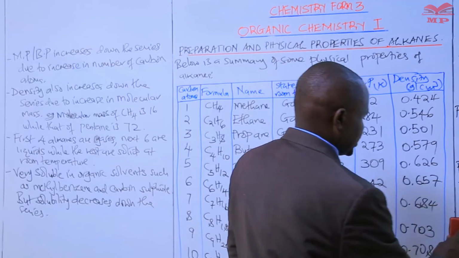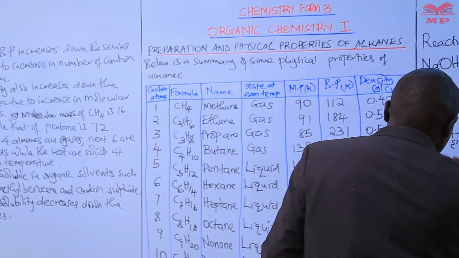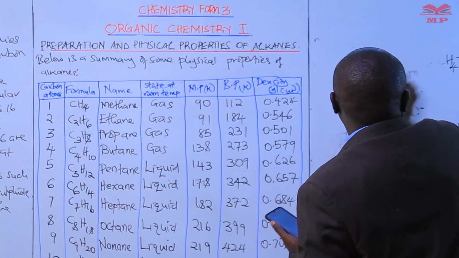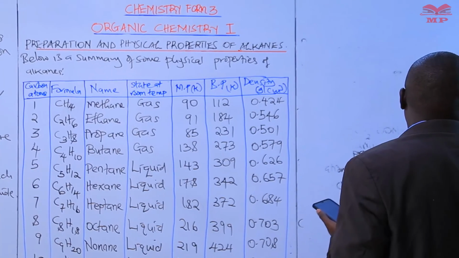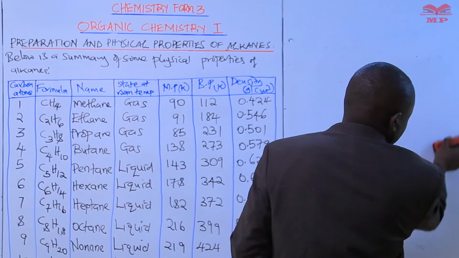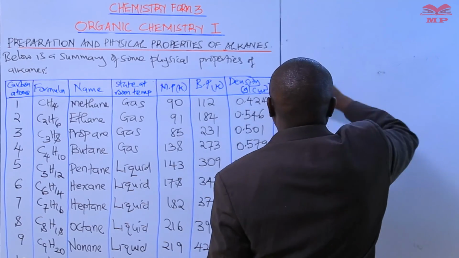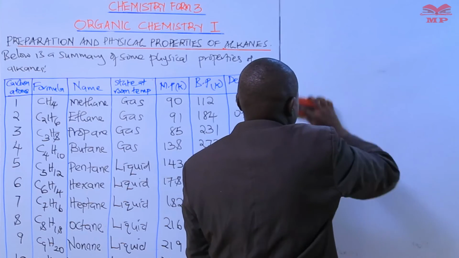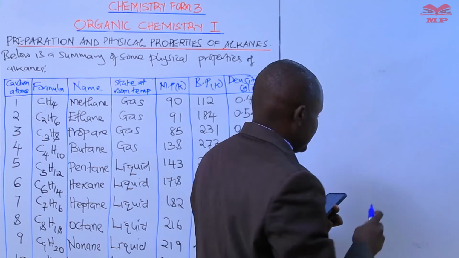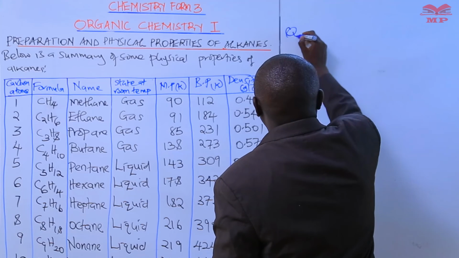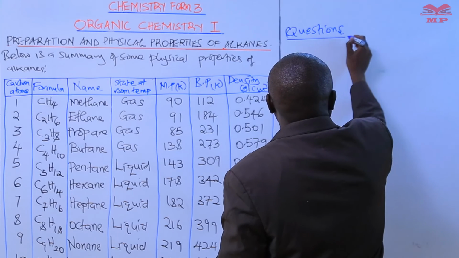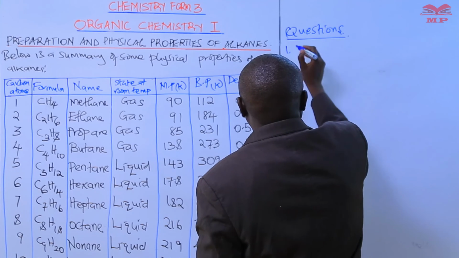To wind up that part, I would like you to try and answer the following questions for your revision, to help you prepare for the exam well. So these are your questions which I would like you to try for this particular lesson.